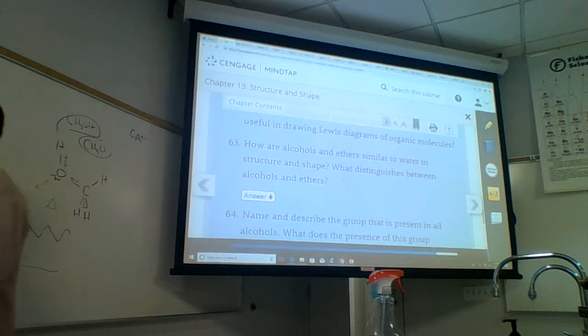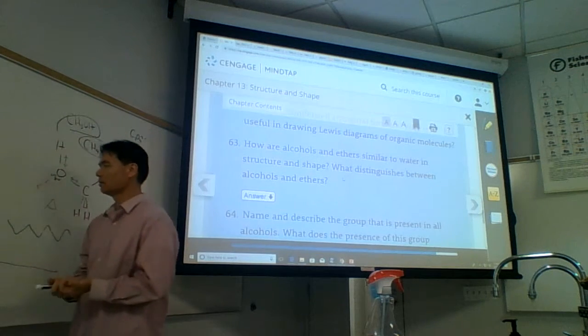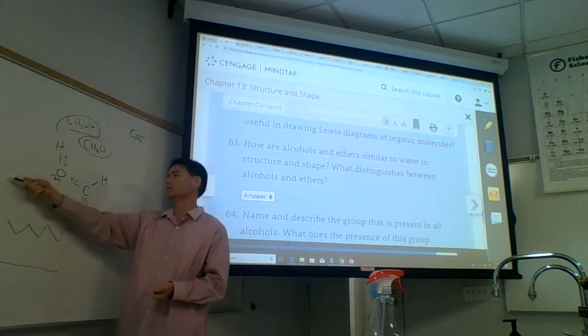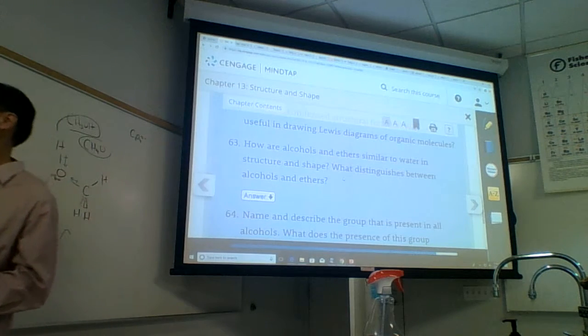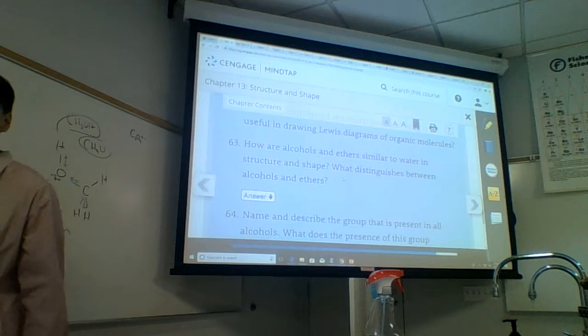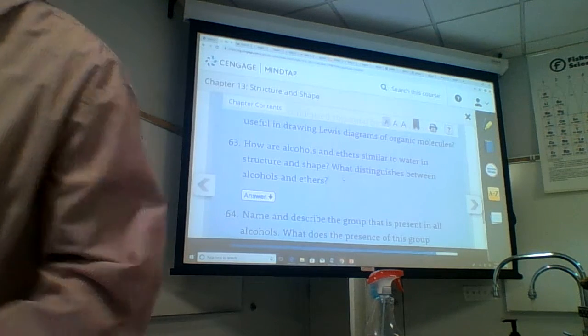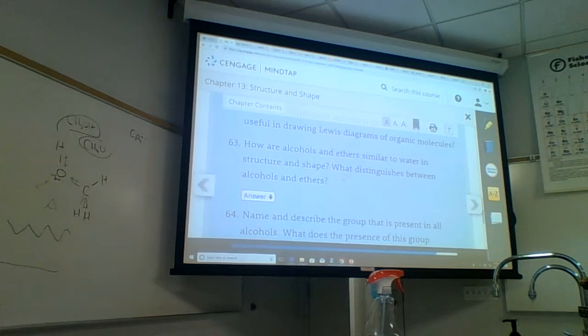The polarity is going to be about the same because carbon and hydrogen are pretty close. If I knock off another hydrogen and replace it with this, it doesn't really change the bond dipole that much. It's still pulling towards oxygen, just not as big. So this is dimethyl ether.